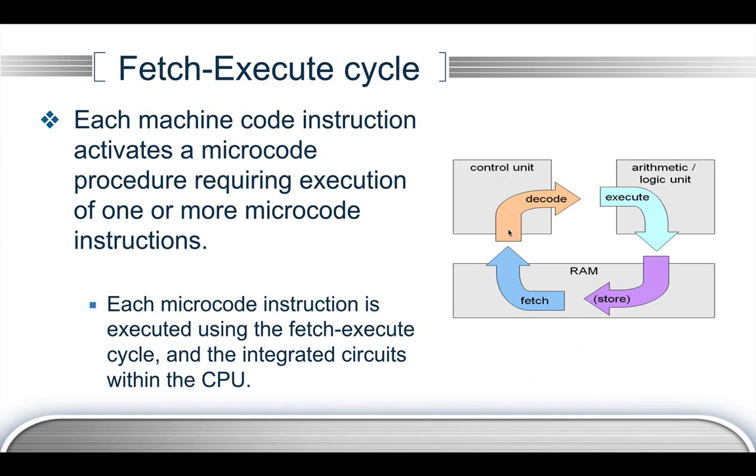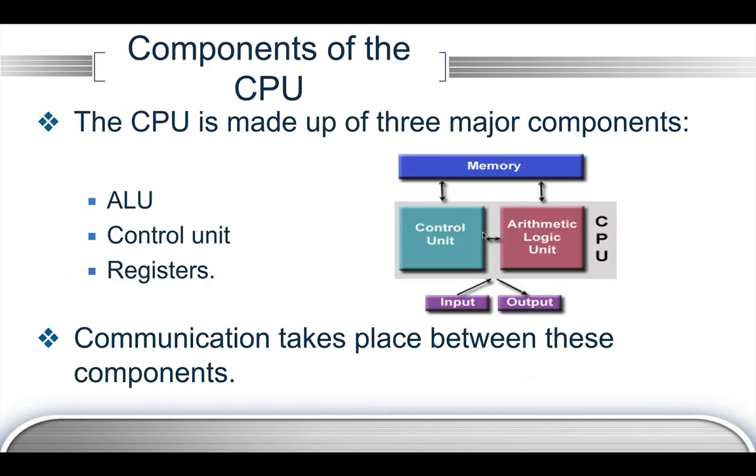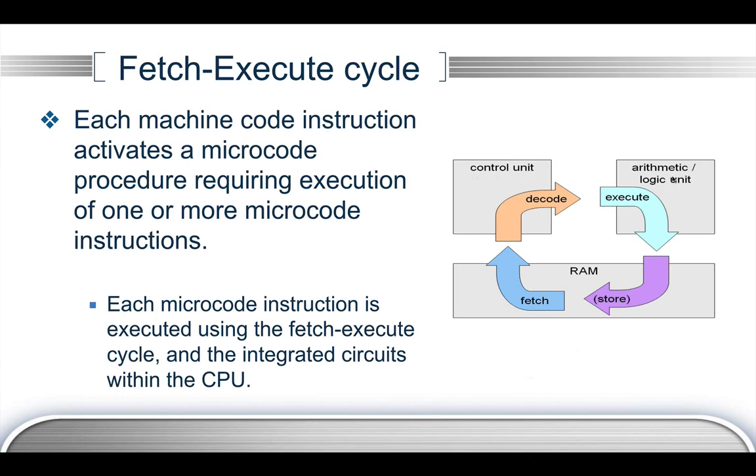RAM is actually separate and is not part of the CPU. The CPU has three parts: the control unit, the arithmetic logic unit, and the registers. RAM is separate. Even though RAM is involved in the fetch execute cycle, it's a separate part of memory.